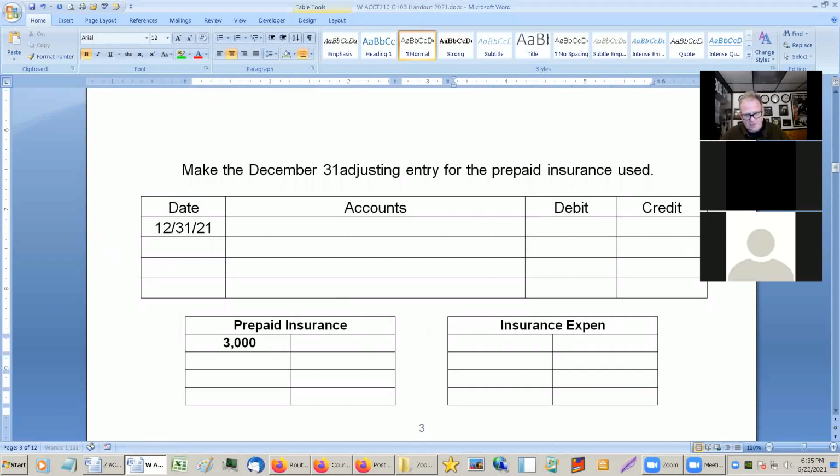Again, the same as this last one, insurance expense. So they used up 750 of it.